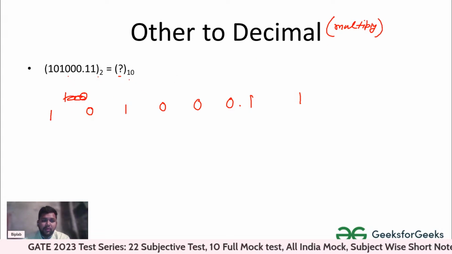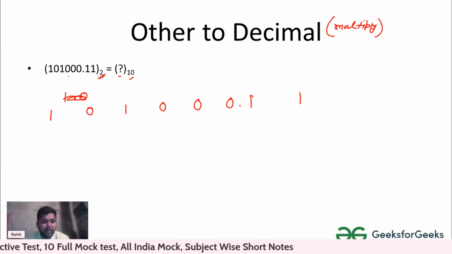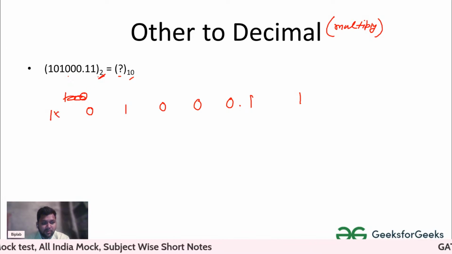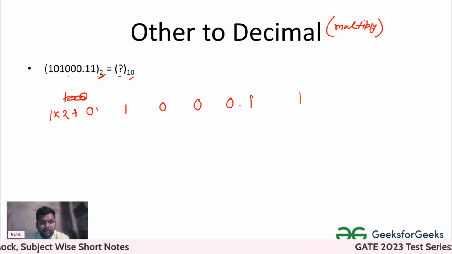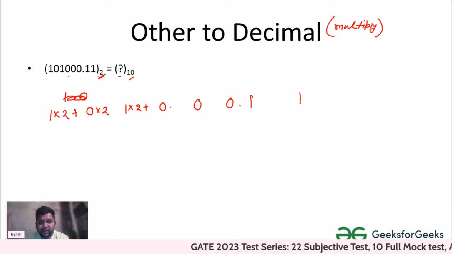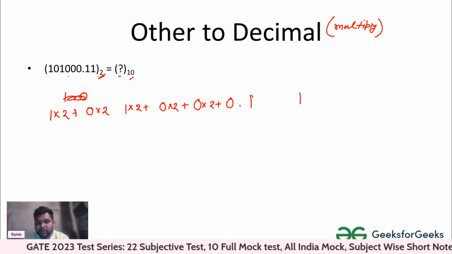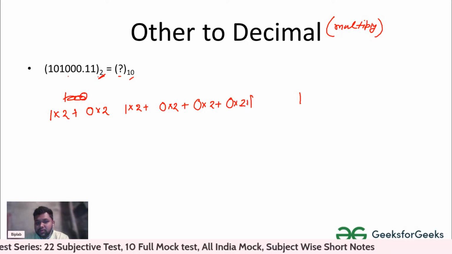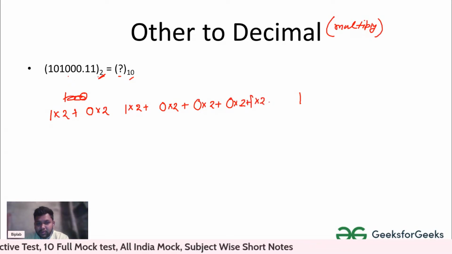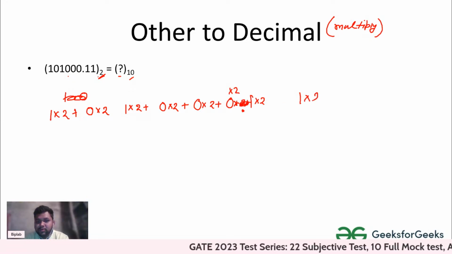Before, we were dividing with this base. Here we will multiply using this base. So multiply using 2, and there will be some power of 2 each time. Sorry, there is a point here.